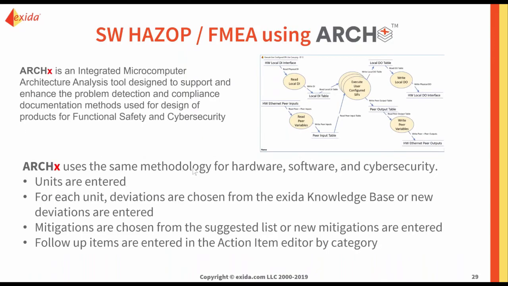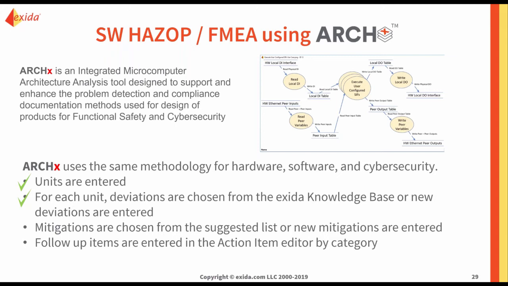So, how do we use the same methodology for hardware, software, and cybersecurity? Well, we enter all the units, the hardware units, the software units, the FPGA units, the cybersecurity units, everything. For each unit, of course, you may go through different procedures with different groups, but for each unit, this is where ARCHx makes it easy for you.